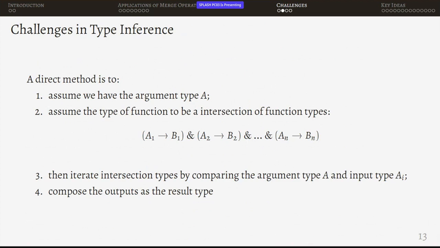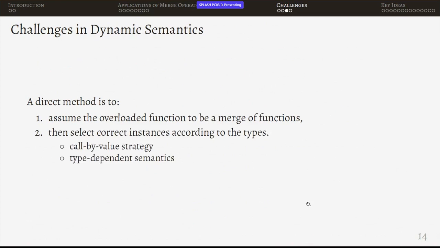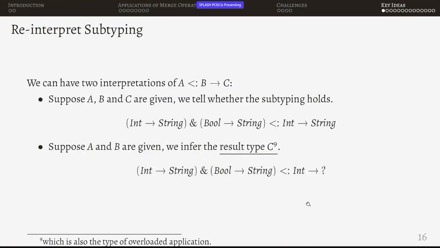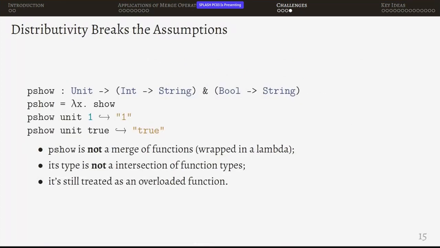We assume a type of function is an intersection of function types, and we then iterate each function type. I think the problem here is that this technique has been used by Frankle in the refinement intersection types, but here we have the extra distributivity rule, and in this way we cannot assume a function must be an intersection of function types.